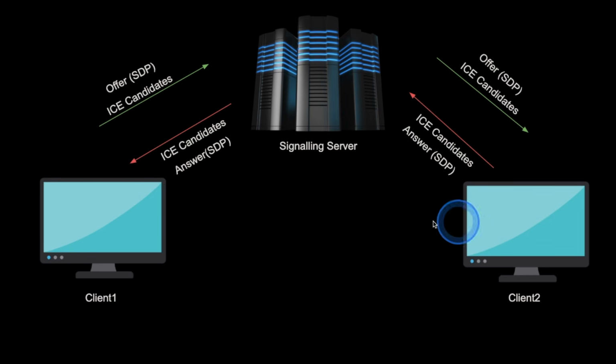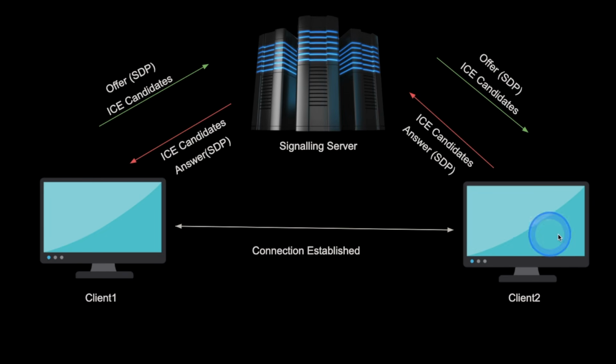And now both these guys have the network information about each other, and using that network information they can connect peer to peer. And now whatever data they send through the WebRTC API will be peer to peer between them.